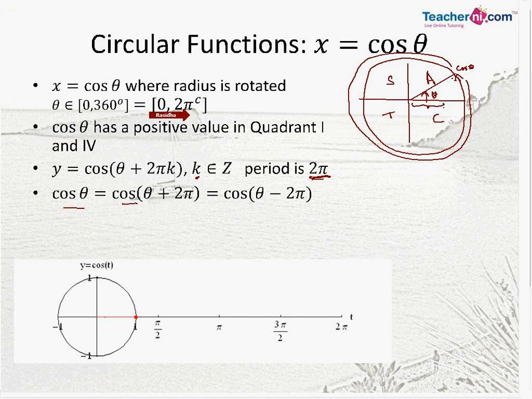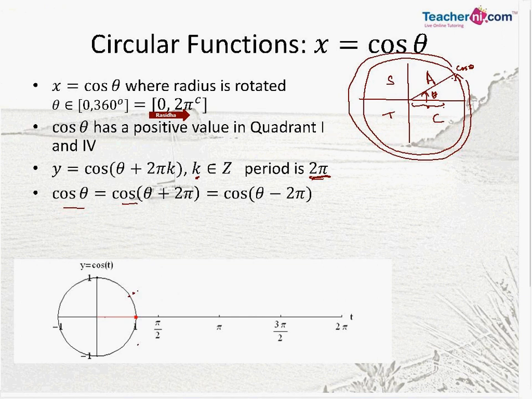After one rotation, it becomes theta plus 2 pi, it will come here. Again, 2 rotations, it becomes that. And theta minus 2 pi will also have the same value. So both sine and cosine have period 2 pi.